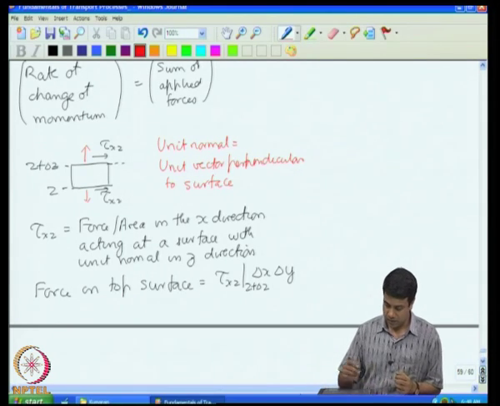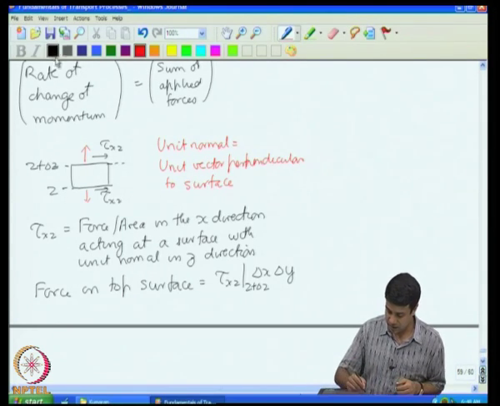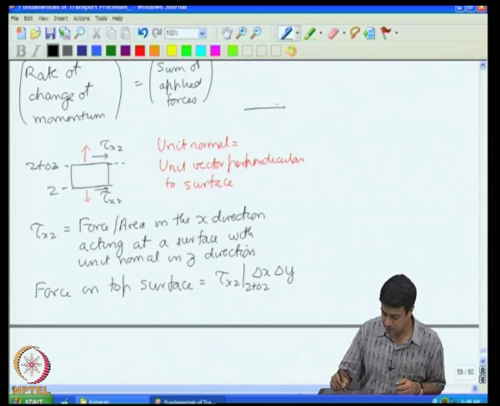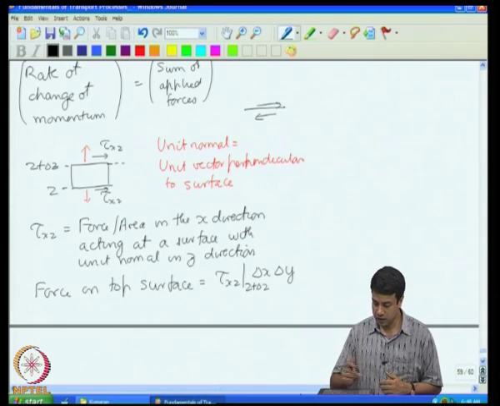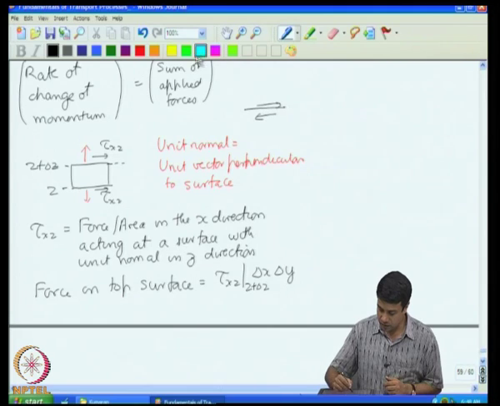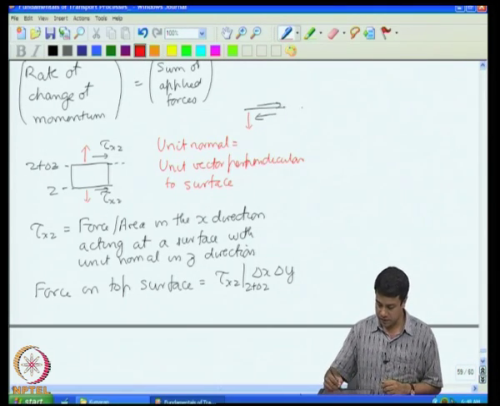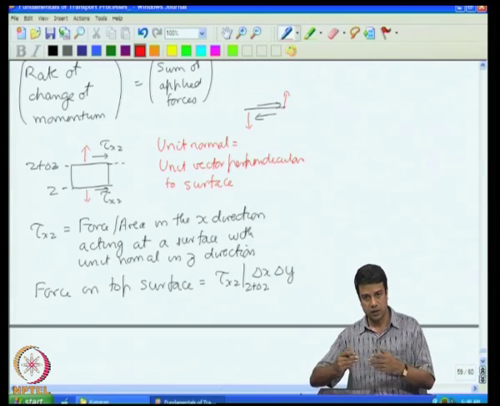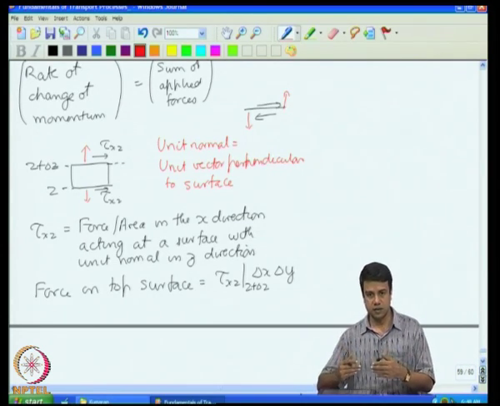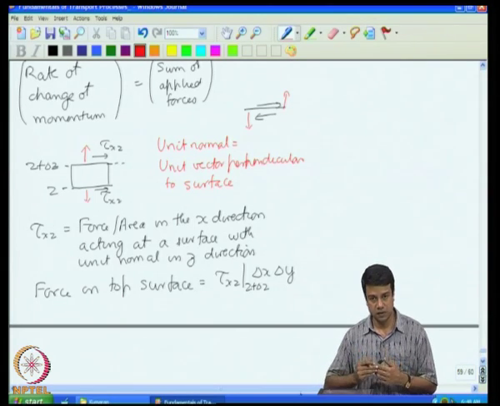This is because of Newton's third law, which states that at a surface, forces on both sides have to be equal and opposite to each other, the balance of action and reaction. For the top surface, the outward unit normal is in this direction, whereas for the bottom surface, it is in the opposite direction. When I go from top to bottom, the direction of the unit normal changes and the direction of the force changes by Newton's third law.